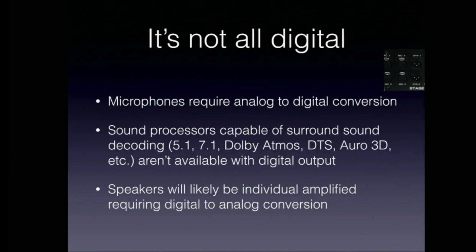We had to put the digital sound into it, but the sound came out as analog, and then we'd have to convert it back into digital one more time so that we could get it into our digital system. And then finally, of course, at the end, you have to turn it back into analog when you're taking the digital signal, sending it to the speakers, and reproducing the sound.